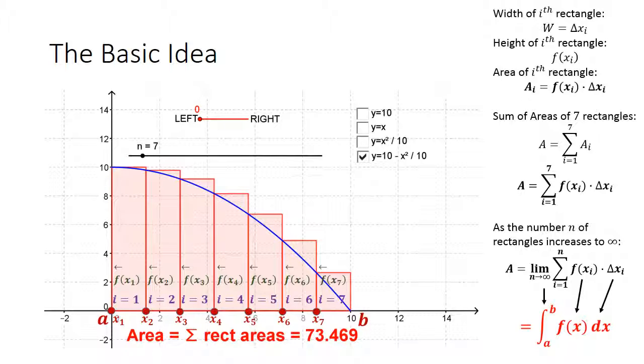Now notice how the different parts of this limit expression line up with the definite integral. In fact, this delta x becomes dx in the limit, and this is basically the same dx that we've had in differential calculus as dy dx.